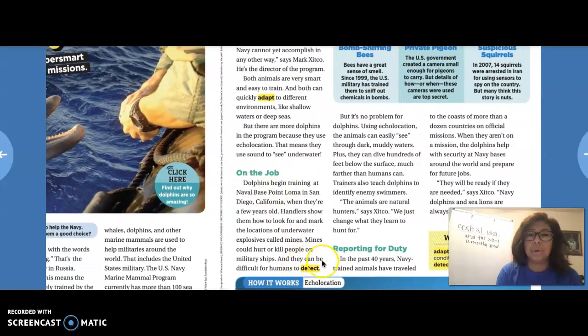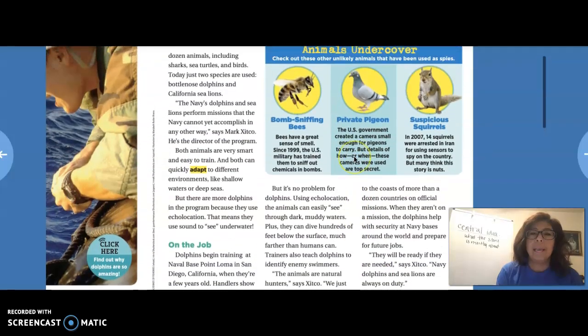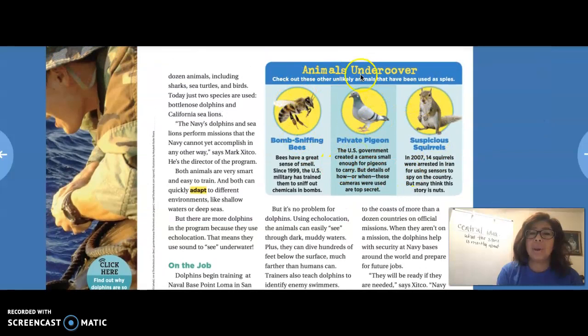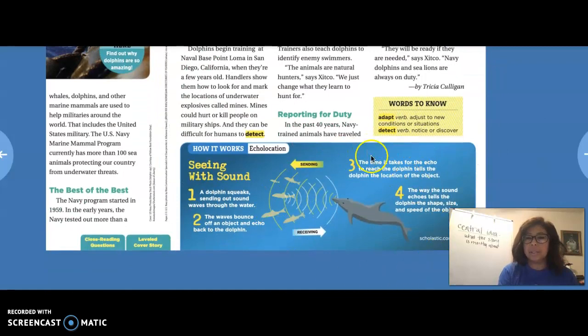Another vocabulary word, detect. Reporting for duty, a mini glossary, words to know, adapt and detect. And then I'm noticing a diagram here on animals undercover. They discuss bomb-sniffing bees, private pigeons, and suspicious squirrels. And then down here, there is another diagram on echolocation.